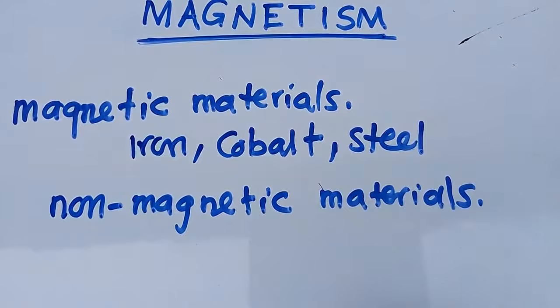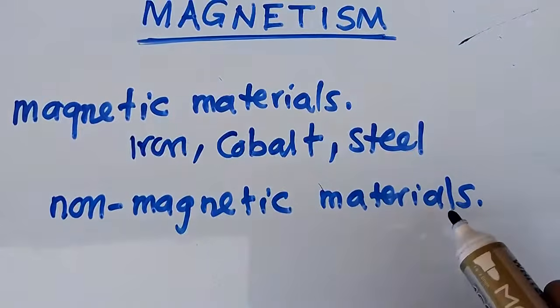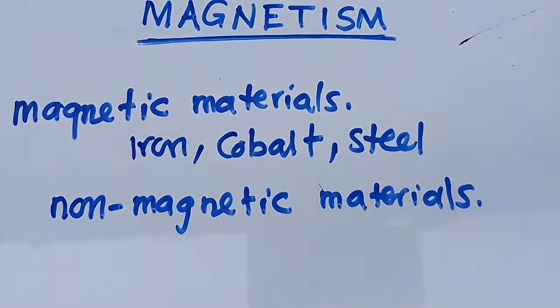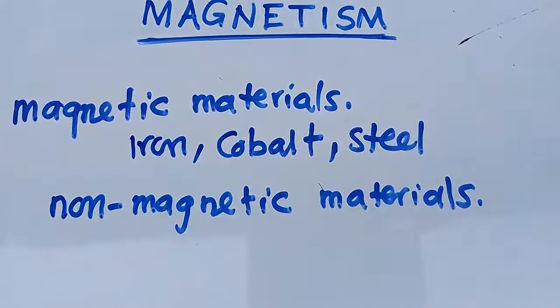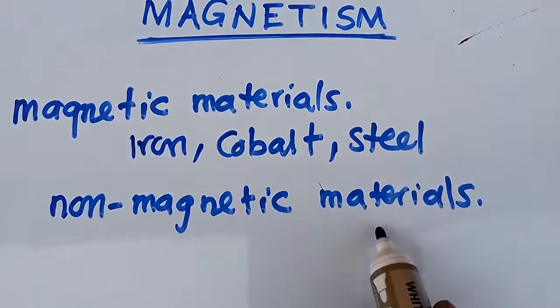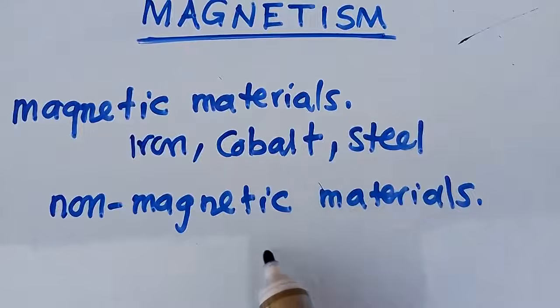These are materials that can't be attracted to a magnet. This is what you need to know and understand. Whenever we are talking about non-magnetic materials, these are materials that can't be attracted to a magnet.